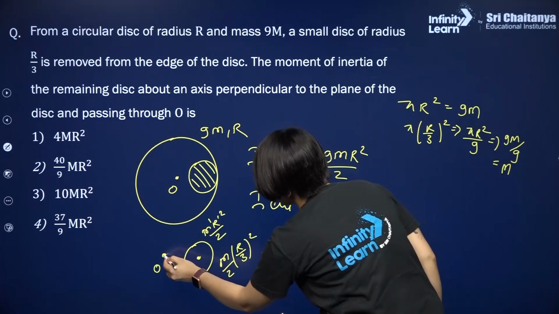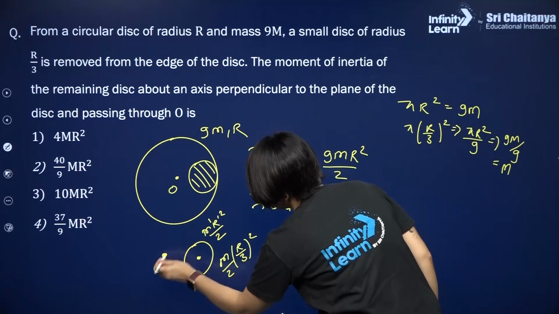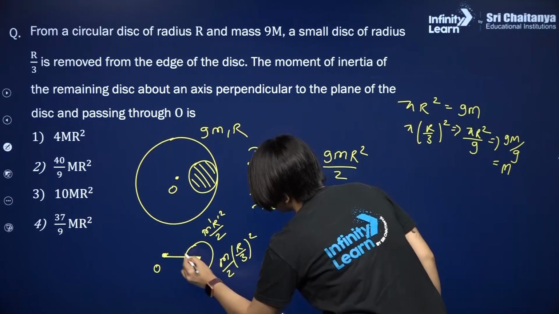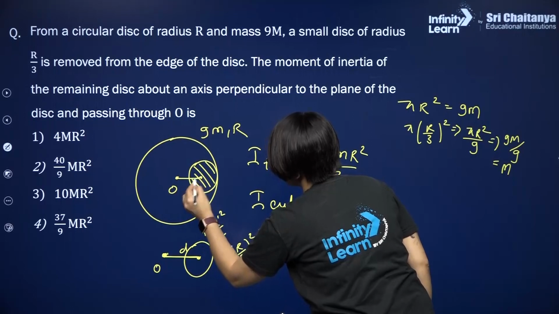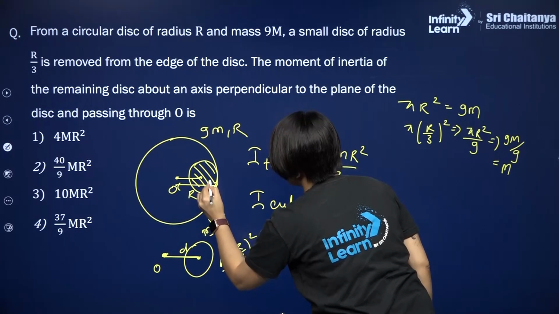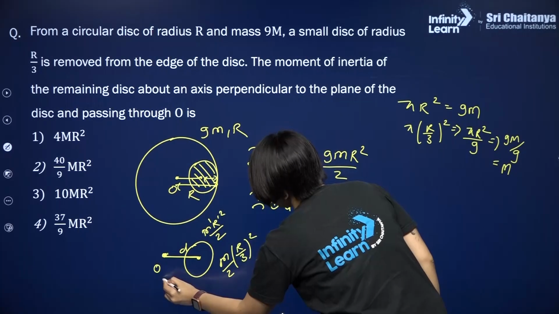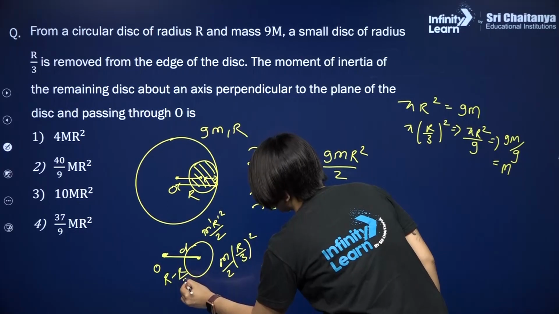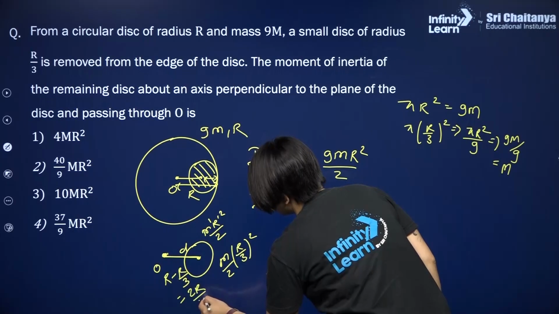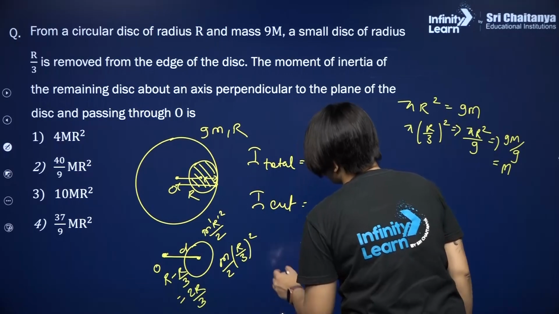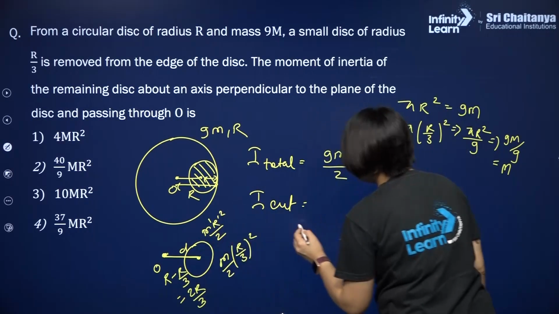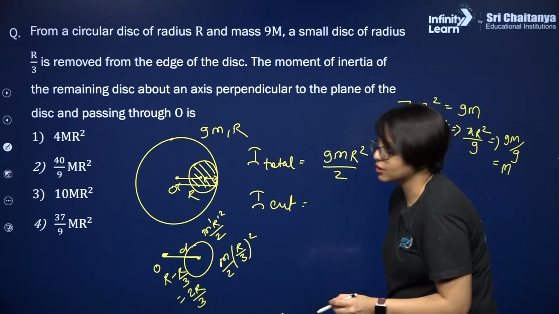But we need to find its moment of inertia about this axis. So this is d. Now this d is nothing but complete r minus r by 3. So D over here is R minus R by 3, that is 2R by 3. Okay. So the moment of inertia about O of this cut portion is ICM plus MD square.